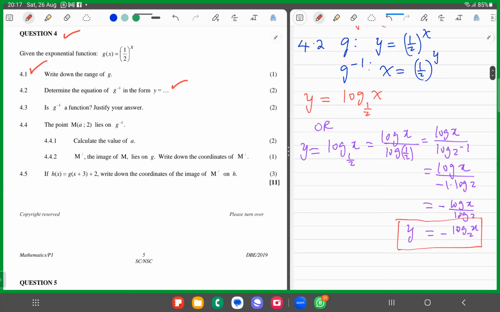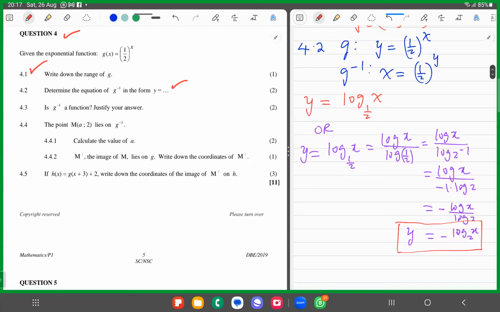Why do we use log? That's a good question. We use log because the function g of x, which has the equation y equals 1/2 to the power x, is an exponential function, and the inverse of the exponential function is the log function.